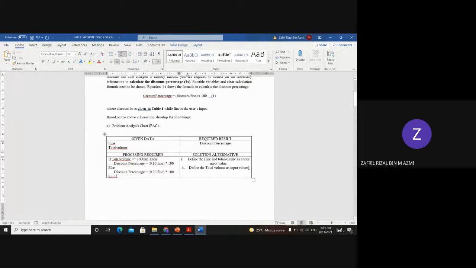Input value, and just repeat it again as a constant. This is the minimum that you can do: put one as input value, one as a constant, and you put a star in front of the input value. Meaning that we choose this solution alternative instead of as a constant. So this is the minimum that you can do.